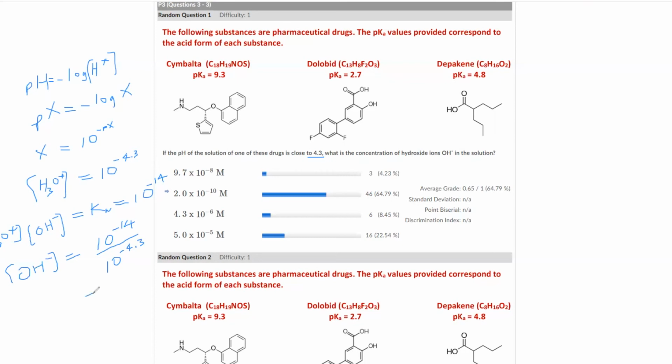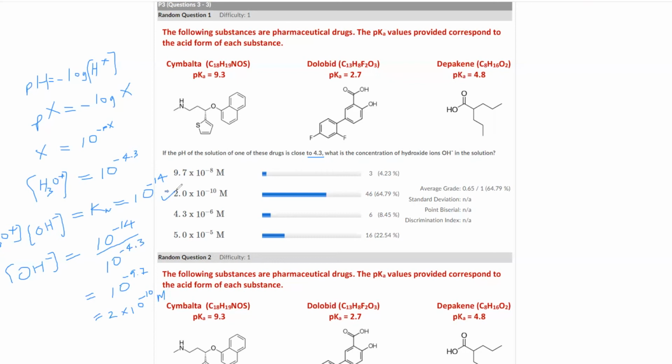And this is equal to 10 to the power of minus 9.7. If you use the calculator, that will be equal to 2 times 10 to the power of minus 10. So this will be your answer.